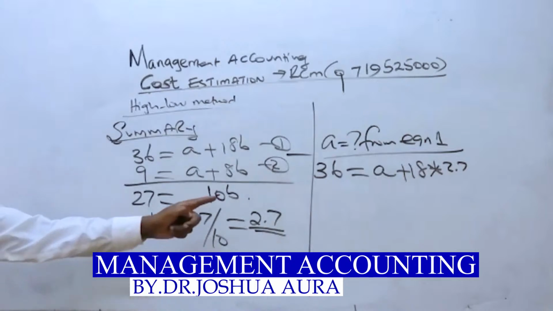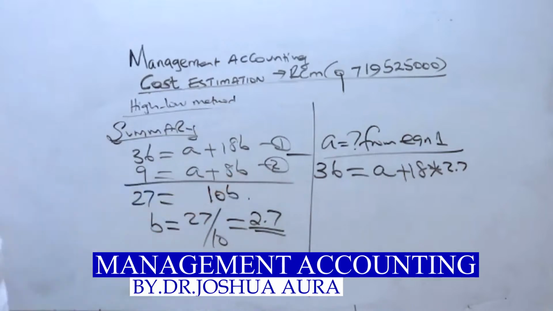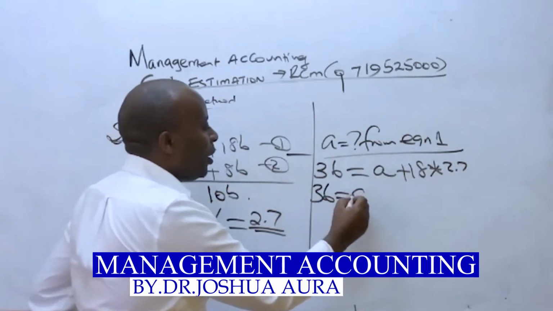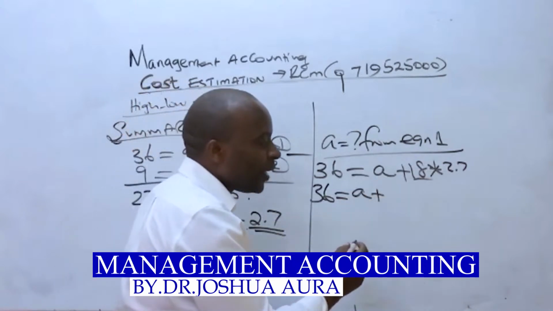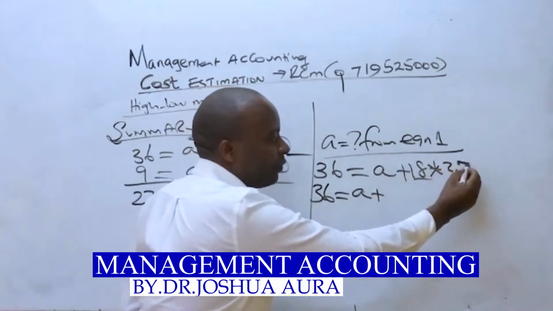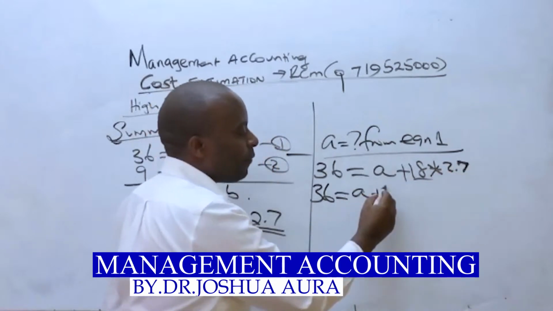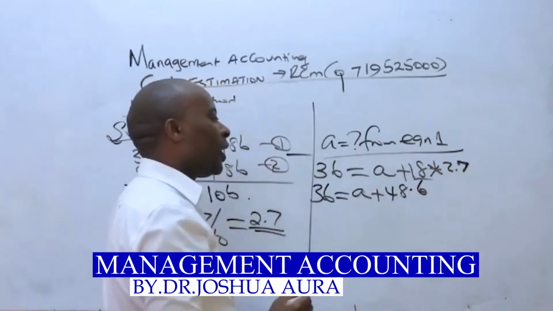So I'll go ahead and cascade this down further. So this will be 36 equals A plus, what is 18 times 2.7? 48.6. Thank you very much.